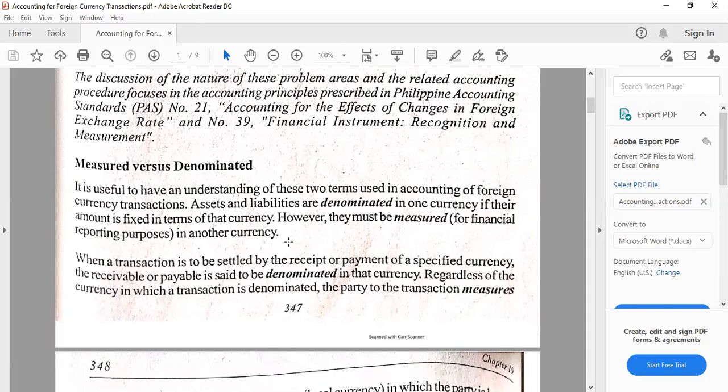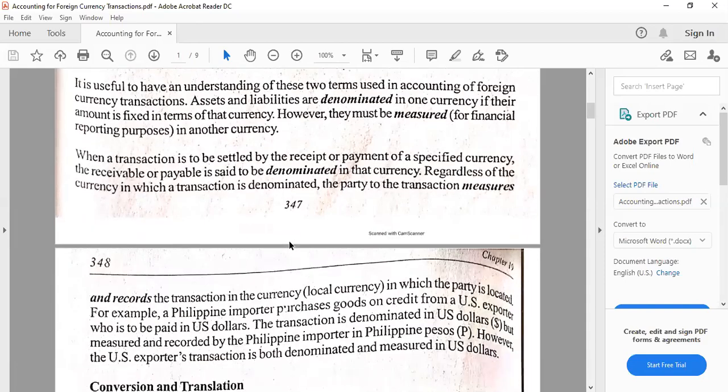For a transaction to be a foreign currency transaction, it should be denominated in a foreign currency and to be settled, either collected or paid, in that same currency. I repeat, a foreign currency transaction is both denominated and to be settled in that same currency.